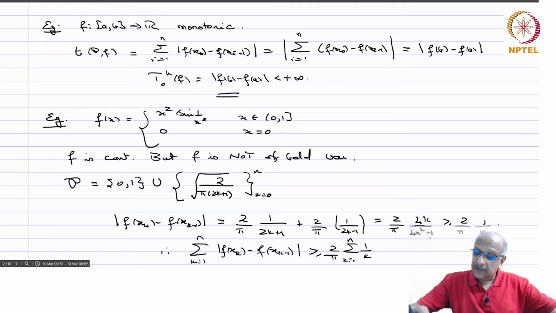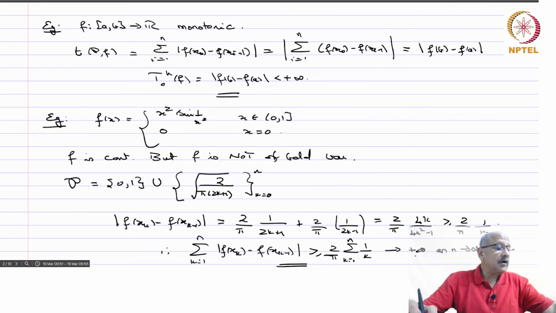So if you increase n, this is a divergent series, and therefore this goes to plus infinity as n tends to infinity, and therefore this is not of bounded variation.